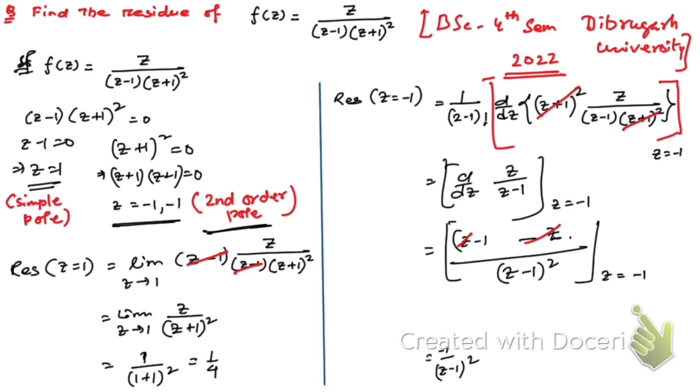Replacing z by minus 1, we get minus 1 by minus 2 whole square, that is minus 1 by 4. So the residue is minus 1 by 4.